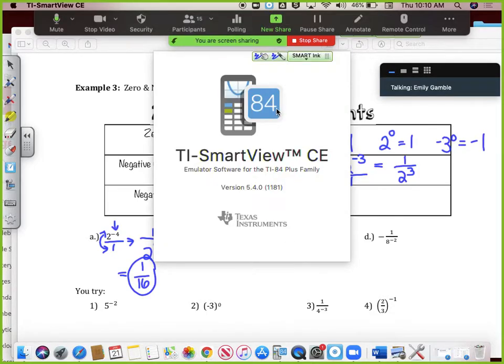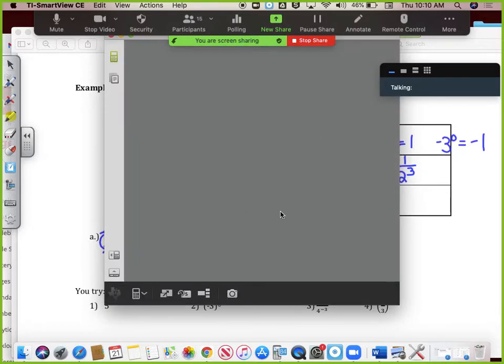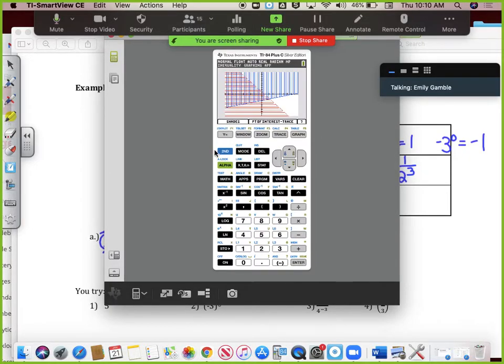So to type this in our calculator, I will first hit 2, and then use this little caret button, which is right above the division sign. And then I would hit in the negative 4, hit enter.